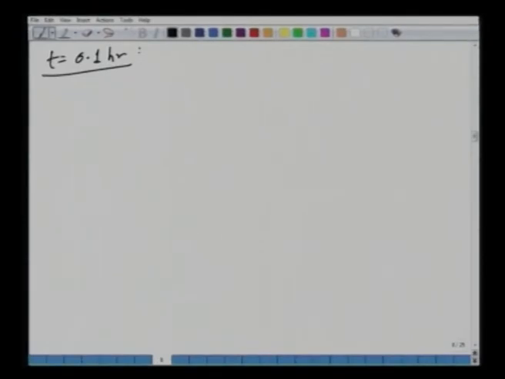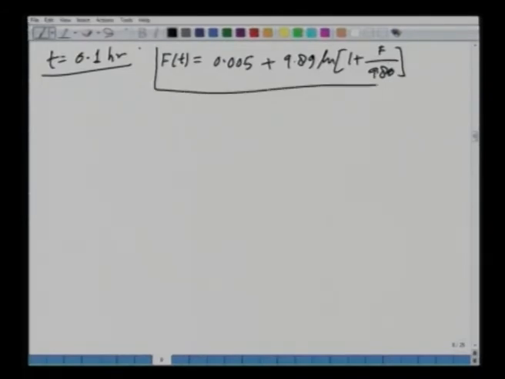Once we put the value of t as 0.1 hour, our equation becomes F equal to 0.05 times 0.1, so 0.005, plus 9.89, which is your psi delta theta, natural log of 1 plus capital F over 9.89.